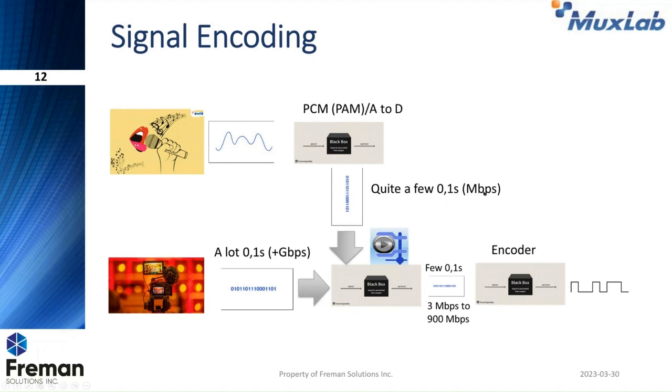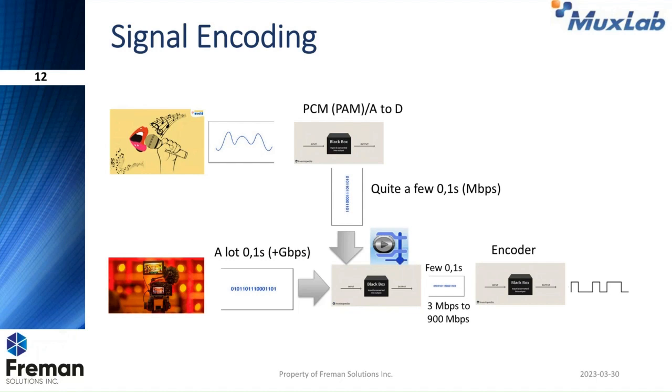You know, only at the megabit range, that's still millions, but quite a few only, compared to digital video that has a lot of zeros and ones. So after that, and even before we go into the network, we're going to have to compress that signal. We're going to have to get rid of some stuff on the signal to lower the bandwidth so it can go into the network, and we have to do it in a way that the experience for the consumer of the content is not going to be impacted by the compression.